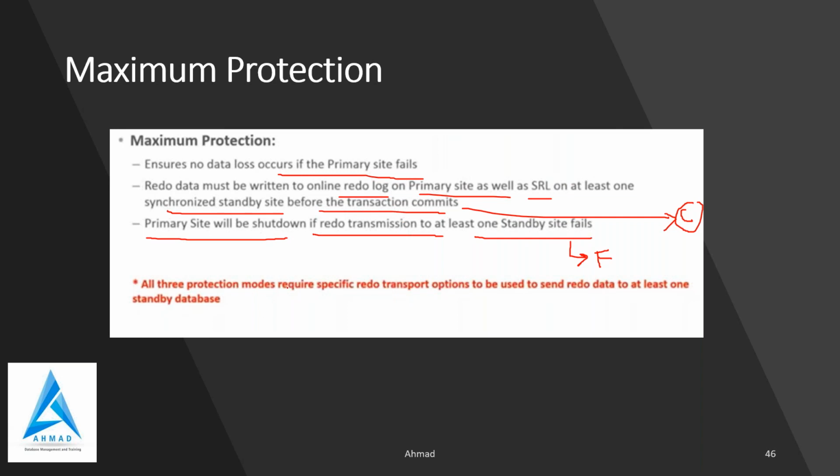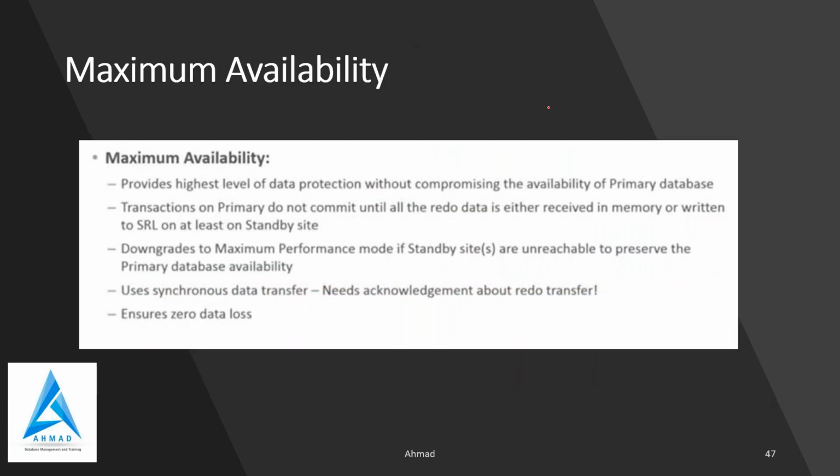All three protection modes require a specific redo transport option to be used to send redo data to at least one standby database. Now, what is maximum availability? Maximum availability is the highest level of protection without compromising the availability of the primary database. Transactions on the primary do not commit until all the redo is either received in memory or written to the standby redo log on at least one standby.